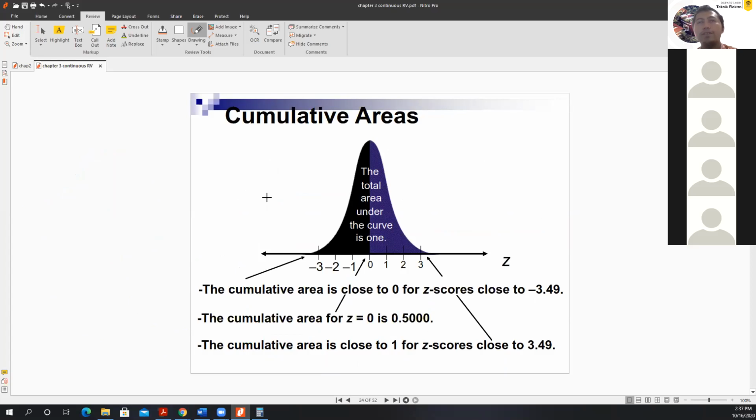Okay, this is the cumulative area. Cumulative represents the probability.